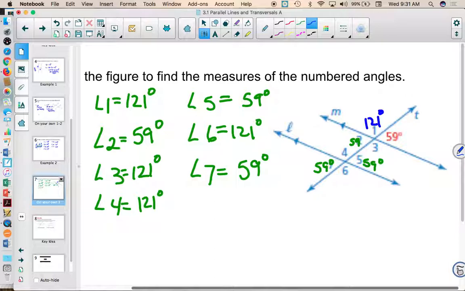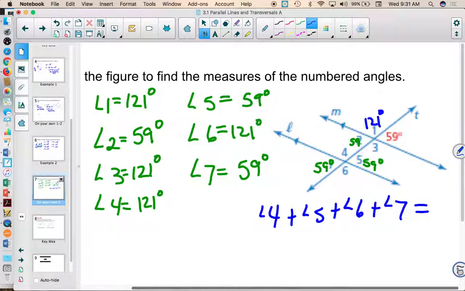Now, let me ask you this. If I added together angles 4, 5, 6, and 7, what had I better come up with? What should I get when I add those together? Madison? 360 degrees.